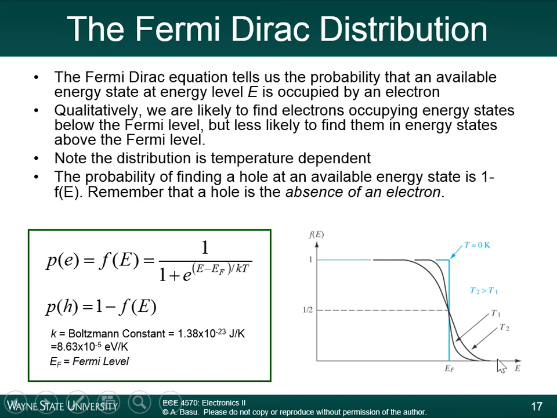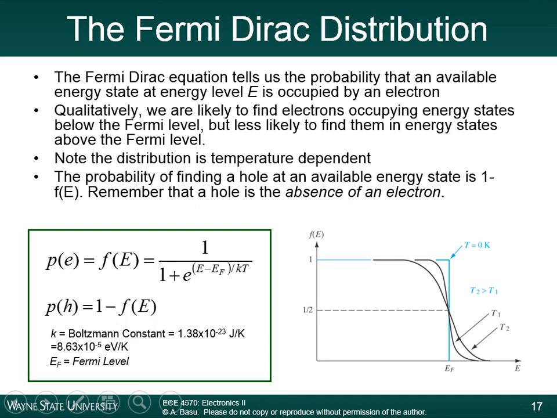The probability that the state is full is 1 here, meaning below the Fermi level, the probability of finding an electron is nearly 100%. This is the Fermi level here. Once we go past the Fermi level, the probability drops down to 0, so there's a high probability that the state is empty.